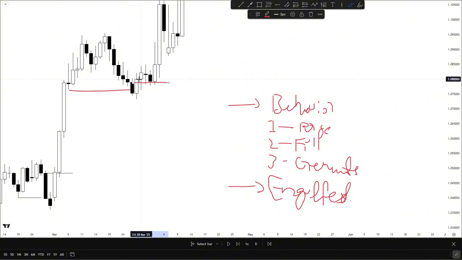So if price initially closes above only the body of an order block, then in that case you would choose the body of the candle as an order block. But if it closes above the wick, then you would choose the wick and not the body.